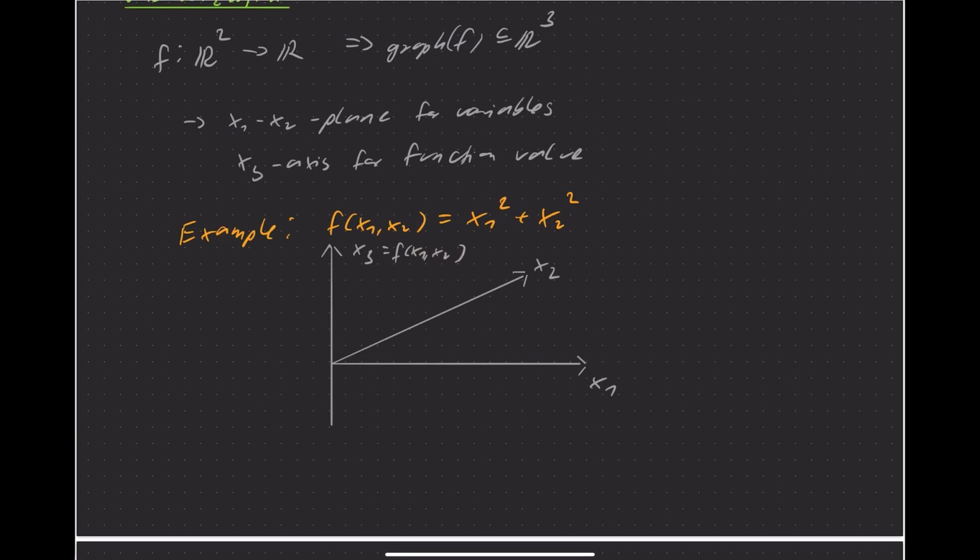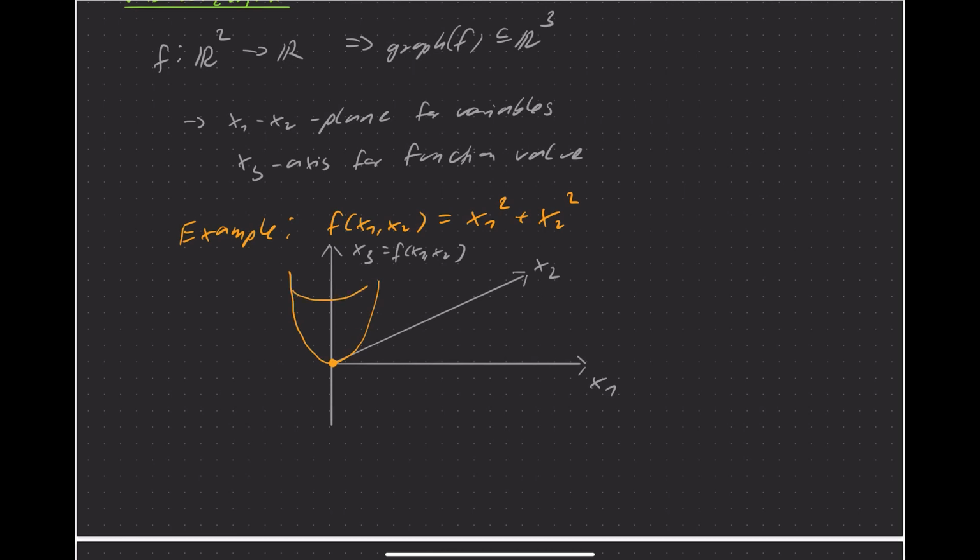Okay, so if you visualize this function, what we get is, first, of course, it contains the origin. And then as we move either along x1 or x2, the values increase quadratically. So we get a behavior that almost looks like the one in the one-dimensional real case, just rotated around.